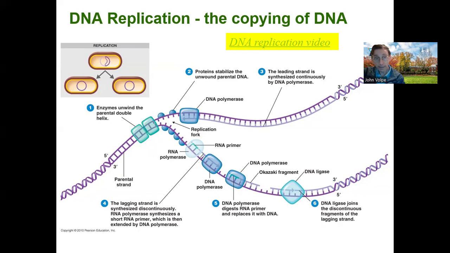And so the lagging strand is made in short batches backwards, meaning we'll have a DNA polymerase make this strand here, another one make this strand here, another one make this strand here, another one binding here, making one there. So the lagging strand is made by many DNA polymerases and will be made in many small stretches of DNA.